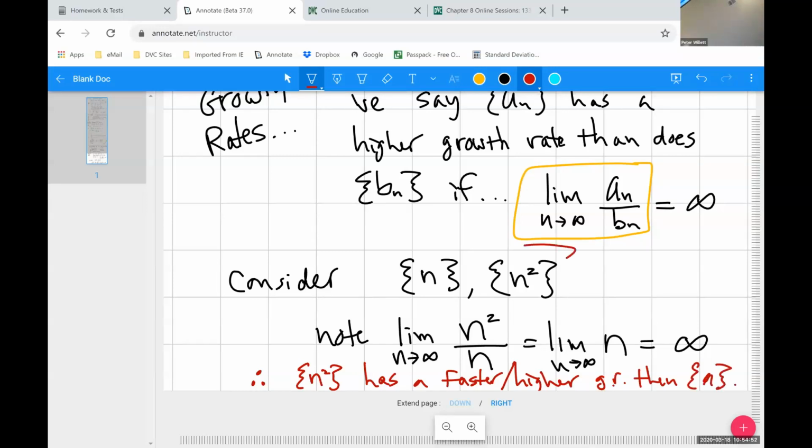So this would be the winner with the faster rate. There's a list of ones to compare and examples of how to do that on page 614.